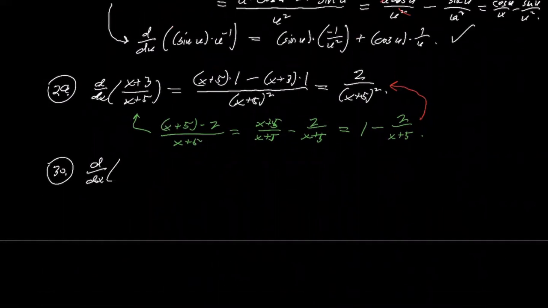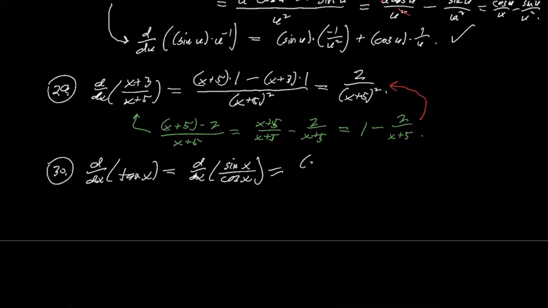The derivative of tan x, tangent x, tangent is almost by definition sine over cosine. So again, quotient rule, that's the bottom times the derivative of the top, I'm just going to be a little more explicit here, minus the top times the derivative of the bottom all over the bottom squared.